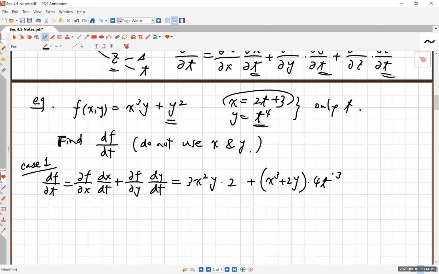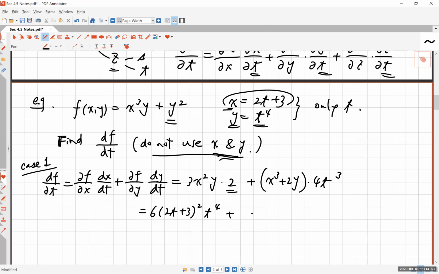Okay, and now that is a correct answer, but remember I said do not use x or y, and that's sort of typical. It's a standard procedure to rewrite x with this and y like this. So it's 2t plus 3 quantity squared times y, which is t to the fourth. Let's go ahead and multiply this 2 with the initial 3, and that makes it 6.